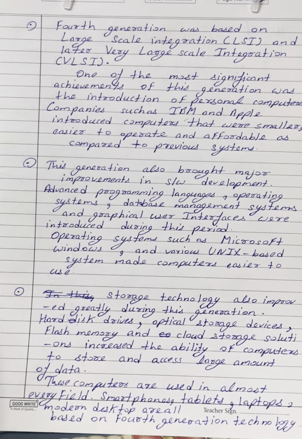And operating systems such as Microsoft Windows, and various Unix based systems made the computer easier to use. Guys, apart from that, networking and internet technologies also became major parts of this generation computers.